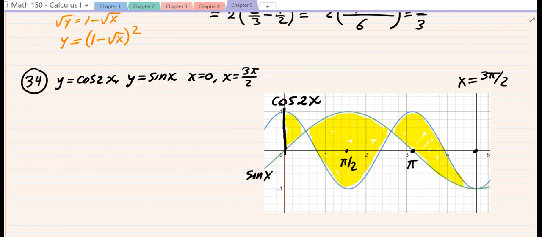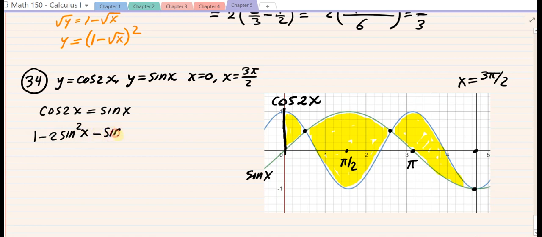Now, where are these two curves going to cross? I need to find these points of intersection, right? In here, here, and of course, this looks to be 3 pi over 2. Okay. So let's set the equations equal to each other. Cosine 2x equals sine x. Okay, and then we need to solve this one to find their points of intersection. Now, cosine of the double angle, cosine 2x, I can write as 1 minus 2 sine squared x.